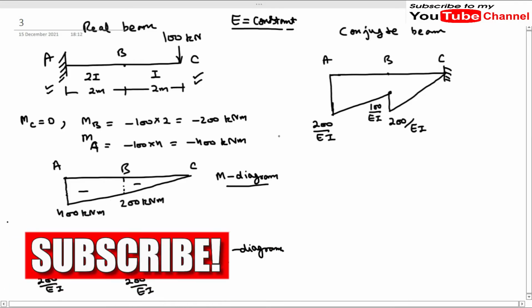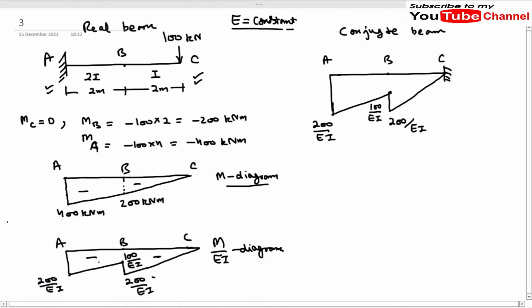As I have told you, the bending moment is negative, which means that in the conjugate beam, this will be applied as a downward acting load.